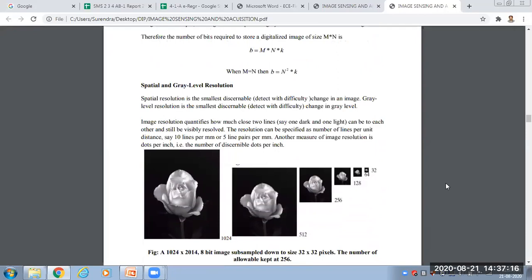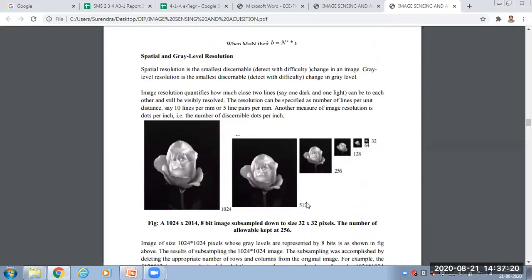Okay, next, spatial and grayscale resolutions. Depending upon your number of bits, the image resolution can be varied. Here, the first one is 32, the second one is 64, the third one is 128, then 256 levels, and this is 512. If you increase the number of digital bits, the resolution also varies.